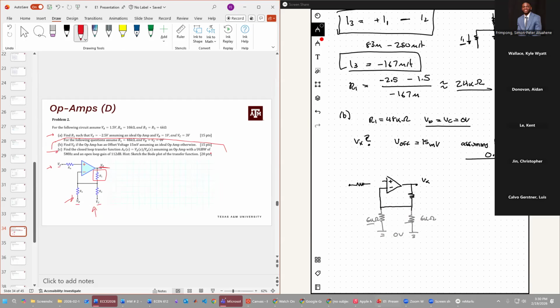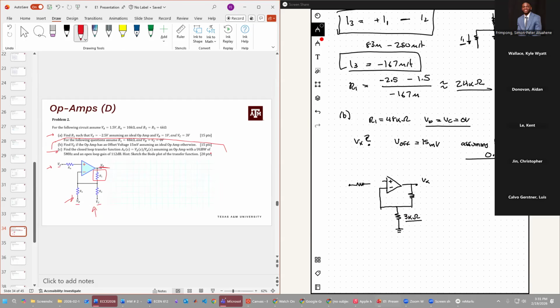Can anyone tell me real quick what the value is going to be? It's super easy. 3K. The parallel combination of two 6 kilo ohm resistors. I'm looking for 3 kilo ohms, right?